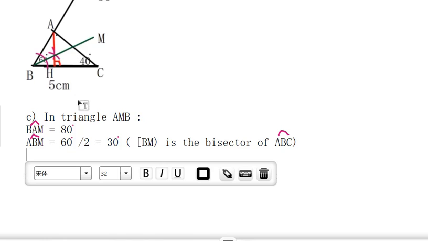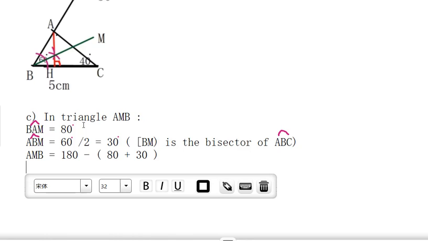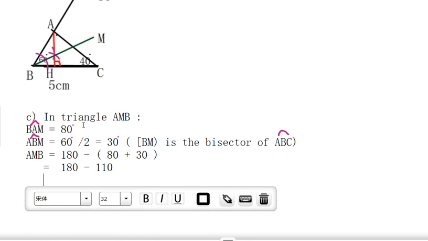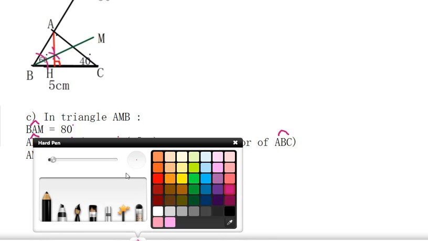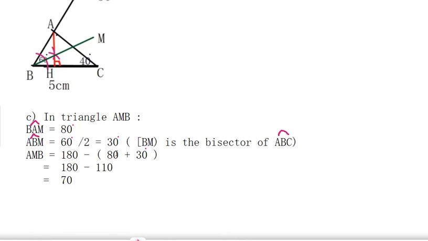We still have angle AMB equal to 180 degrees minus how much? 80 plus 30 degrees, to get 180 minus 110, which is equal to 70 degrees. Okay, let's put the degrees. And we have a cap here.